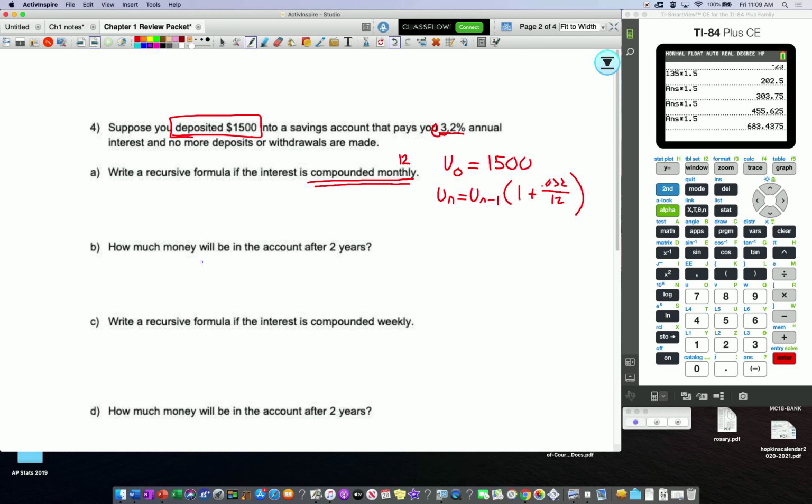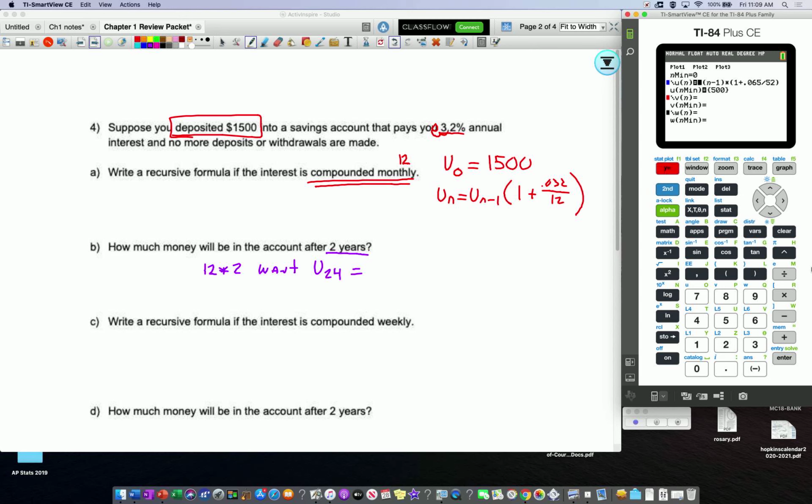B says, how much money will be in the account after 2 years? Okay, so if I think about it, I'm doing it 12 times a year times 2. I want to find u sub 24. Okay, so this is where the recursive formula helps so much on our calculator. I'm going to go to my y equals, and hopefully I'm still in this mode.